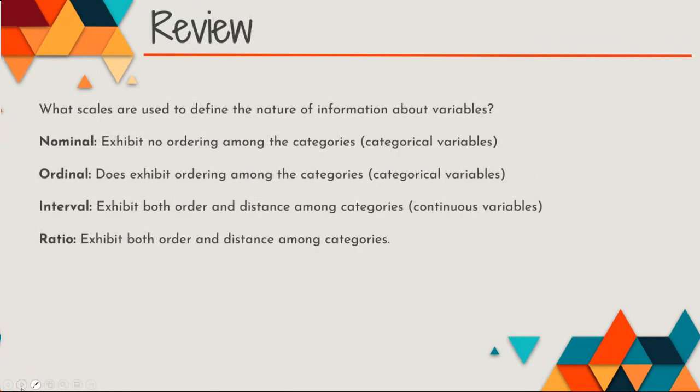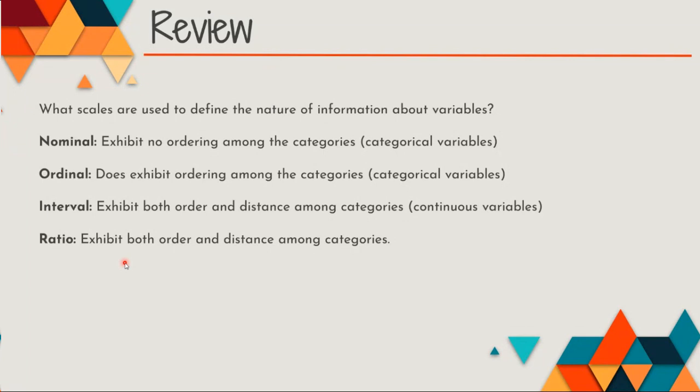So as a quick review, we've learned about 4 different scales: nominal, ordinal, interval, and ratio. I do want you to know that some exhibit ordering among the categories. A nominal variable is an example of that. However, other variables such as ordinal or interval variables do suggest some kind of hierarchy or more favorable response than another. In the case of ordinal variables, we don't know specifically the distance between those two categories.